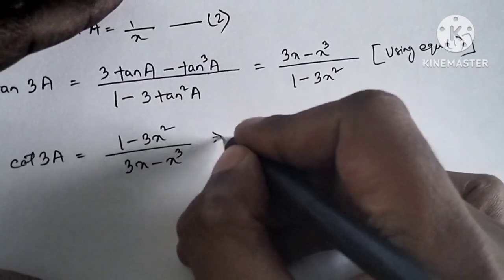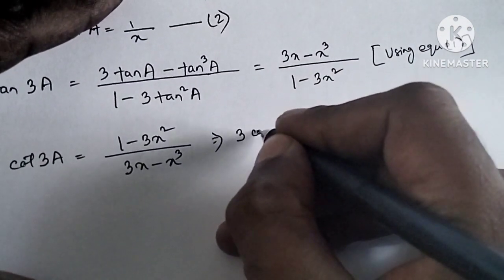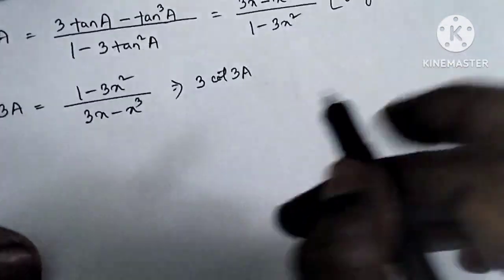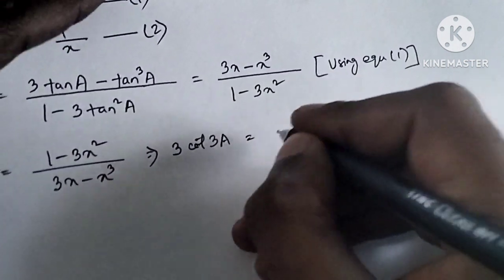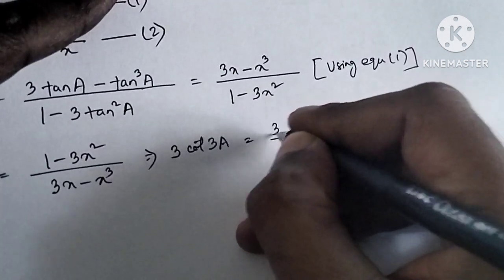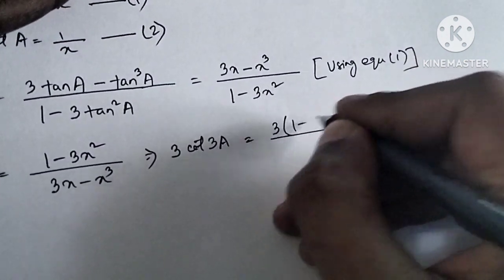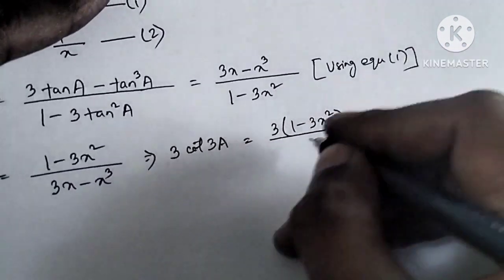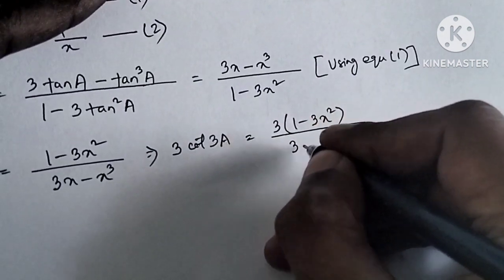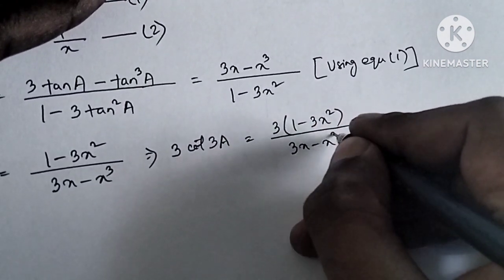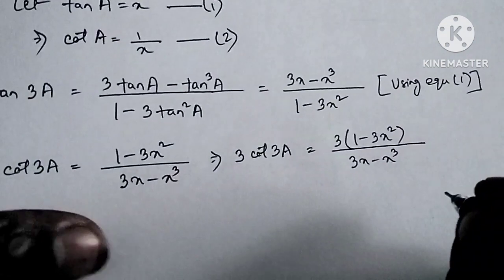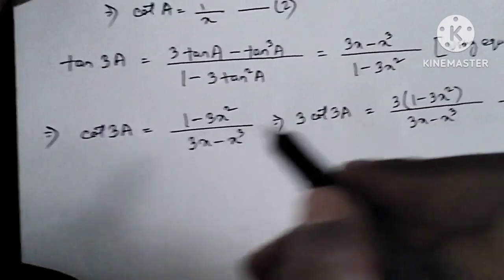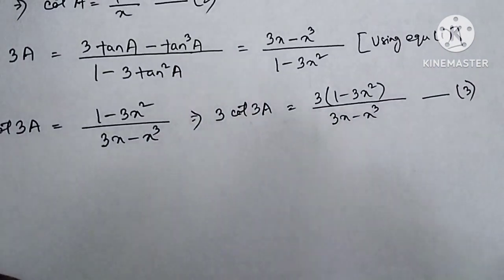So now 3 cot 3A will be 3 into (1 minus 3x square) by (3x minus x cube). Name it as equation 3.